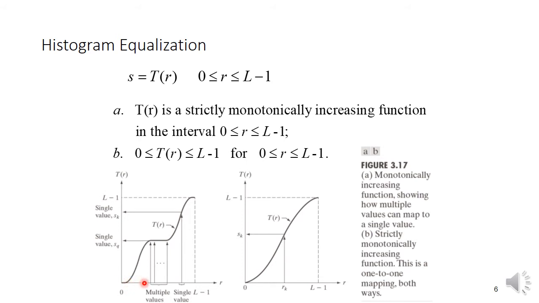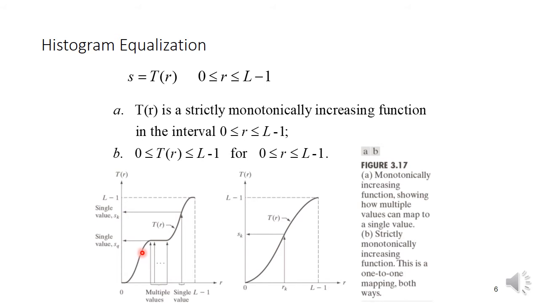On the x axis, these values are of R, the input values, and along the y axis, we get the output intensity values after applying the transformation function, denoted by S. Originally we have this function, and here you can see that a value R, when mapped on the y side, gives another value, but it is a single value.